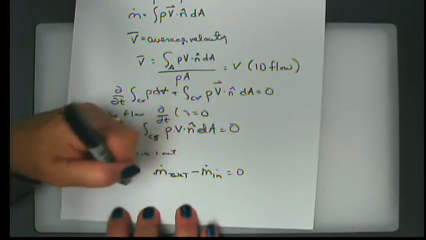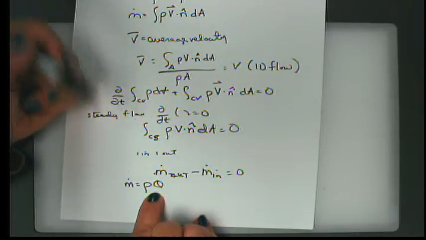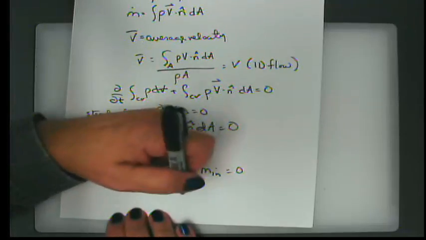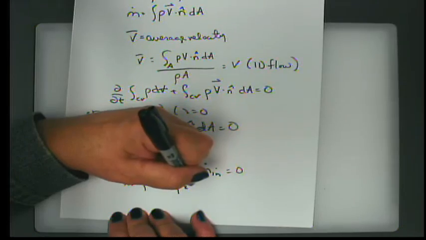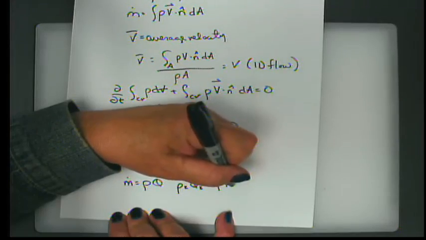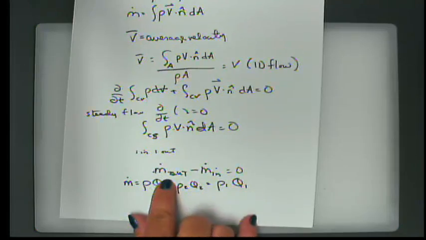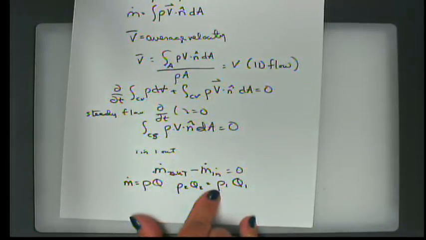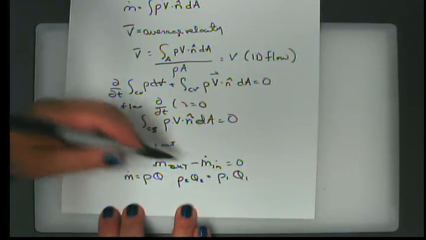Now also we know that m dot is equal to rho times Q, where Q is the volumetric flow rate. So we could say that rho 2, or rho out, times Q out equals rho 1 times Q1. And I would prefer using out and in, but your authors use 1 and 2, so I'm trying to be consistent with how your authors write this.